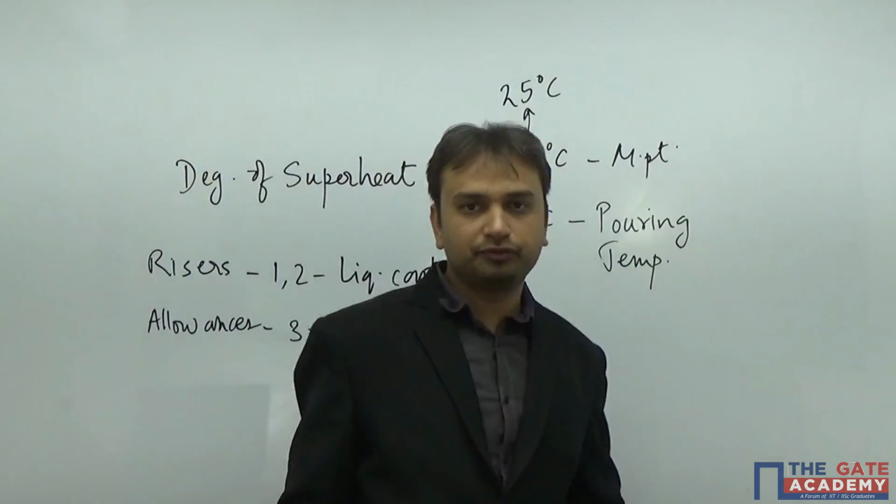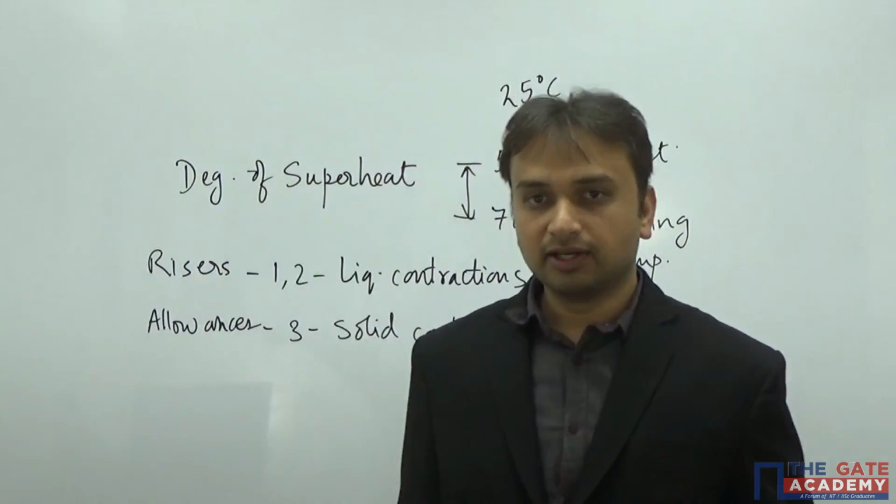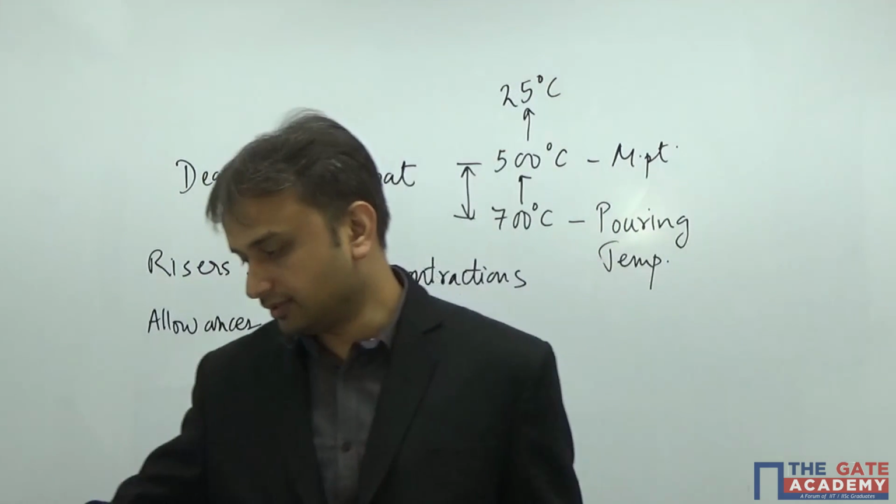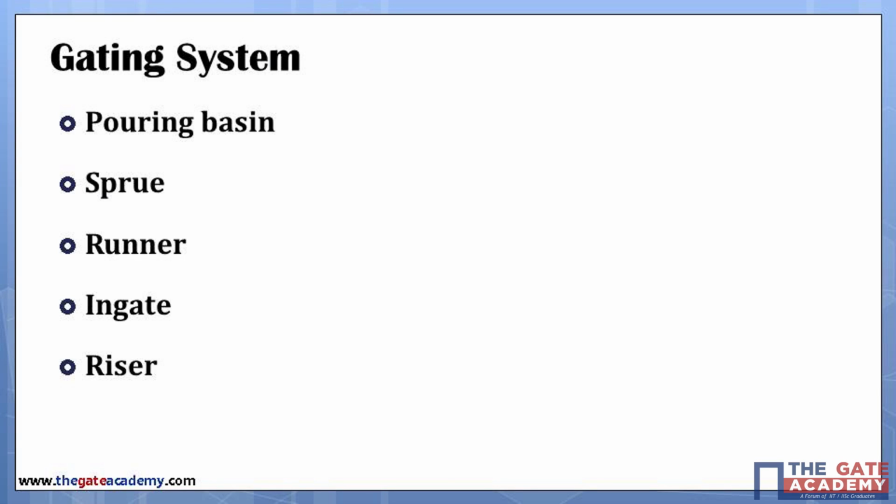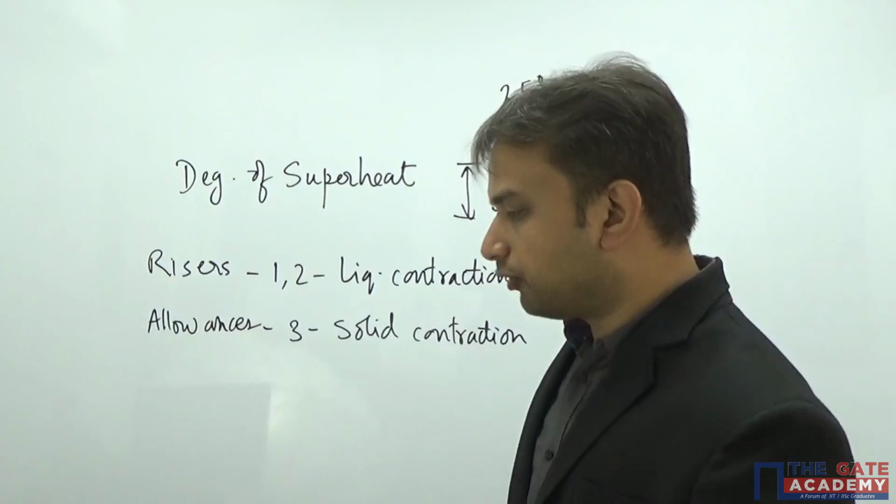Now let us move to the next topic, which is the gating system. Because the riser, as you can see on your screens in this slide, is a small element in the gating system, right? So what is the gating system?